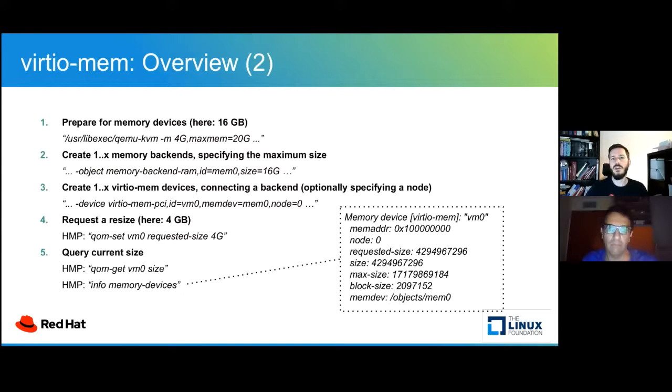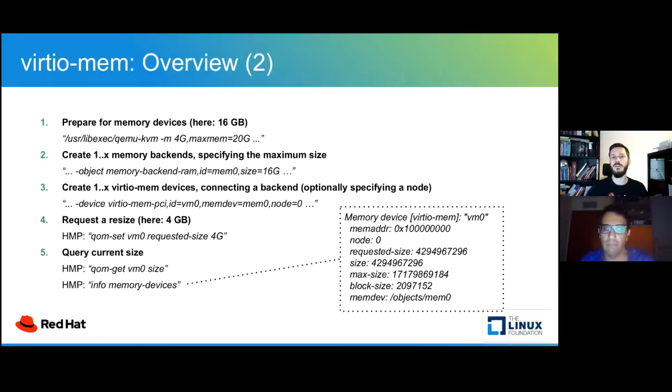And using it is actually not too hard right now. First of all, you have to prepare your virtual machine for memory devices, just as you would have to for DIMMs and NVDIMMs, but also virtio-pmem. After that, you create a memory backend, which is later used to host your virtio-mem device in your hypervisor.